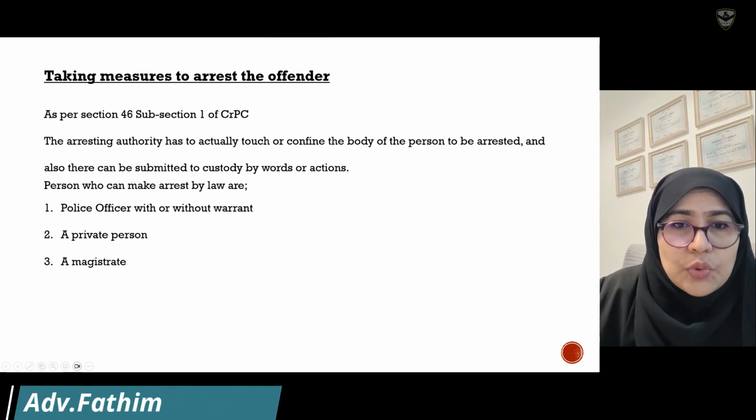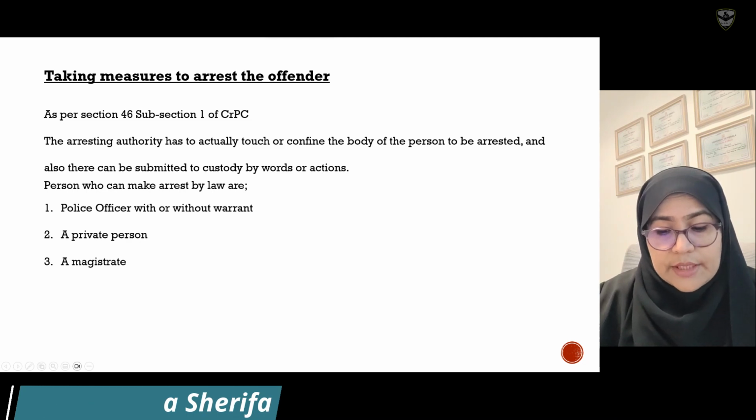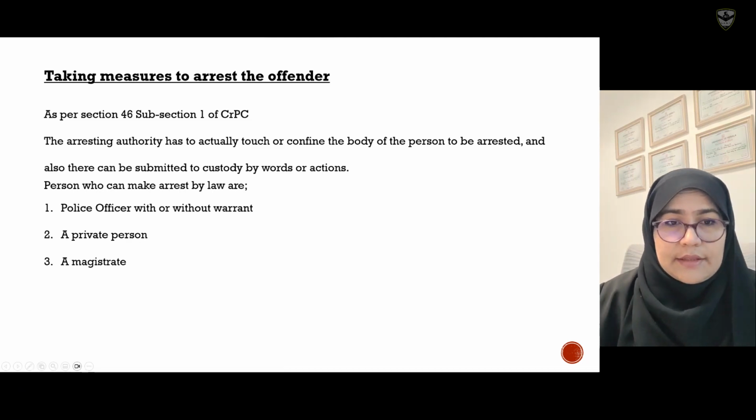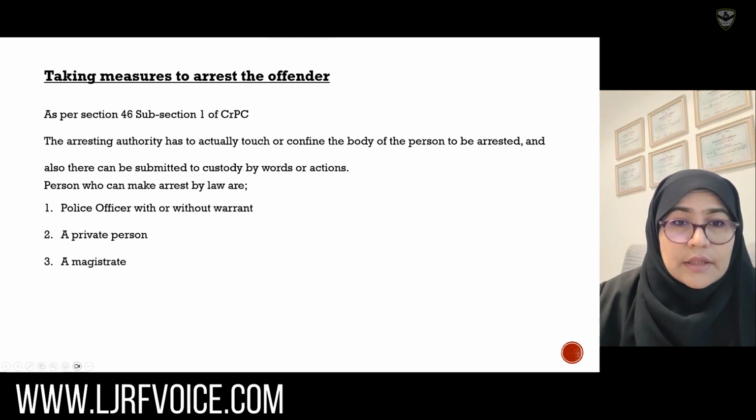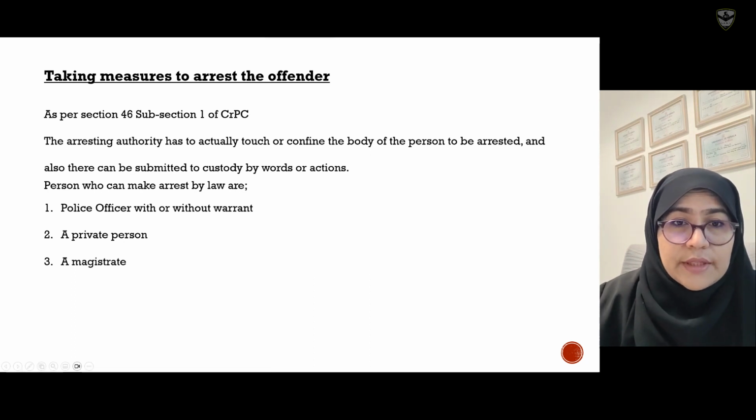Further, subsection 2 says that if a person forcibly resists the arresting authority and attempts to evade the arrest, then the arresting authority has the power to use all such means to prevent such an escape.